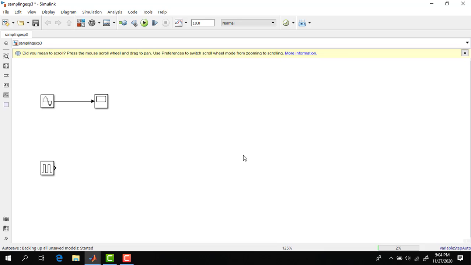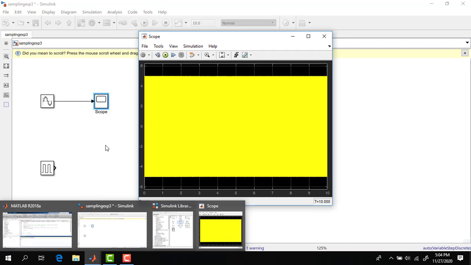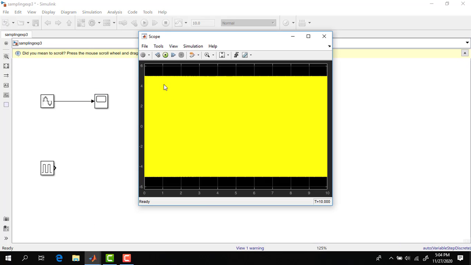Okay, so simulation. Oh my god, I have made a mistake. Okay, simulation is done. So the mistake I was talking about, I haven't set the time axis for the scope. That's a big mistake. So let's adjust that.